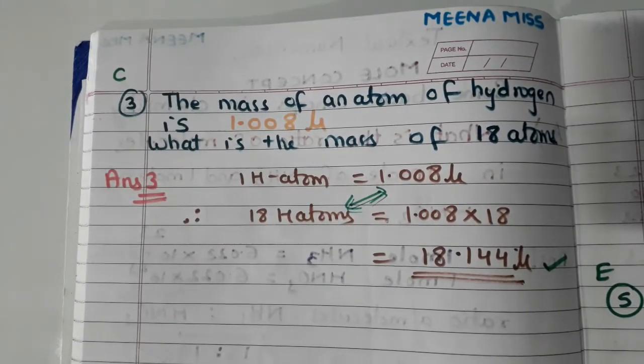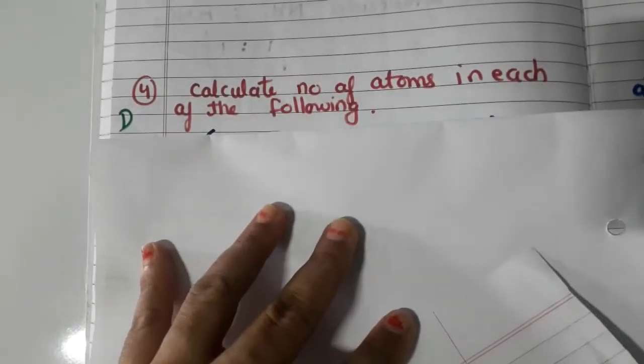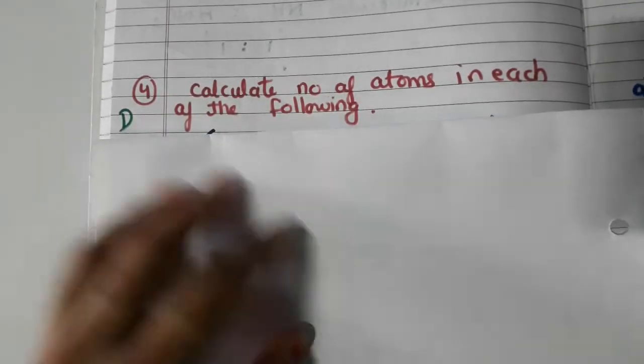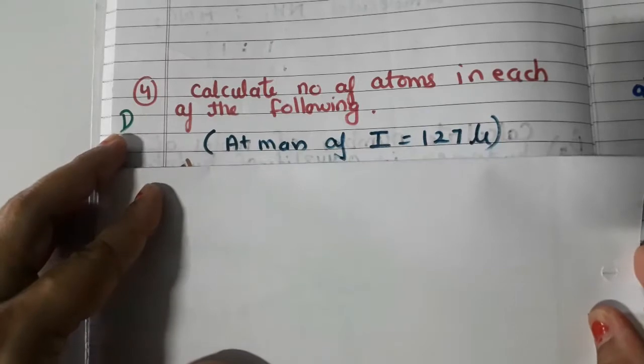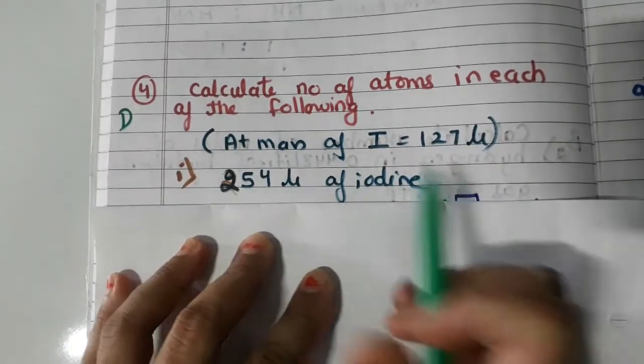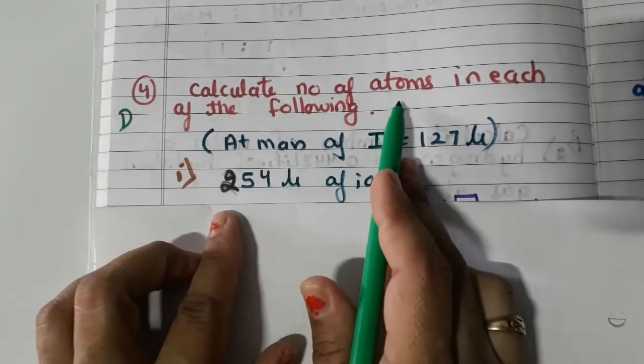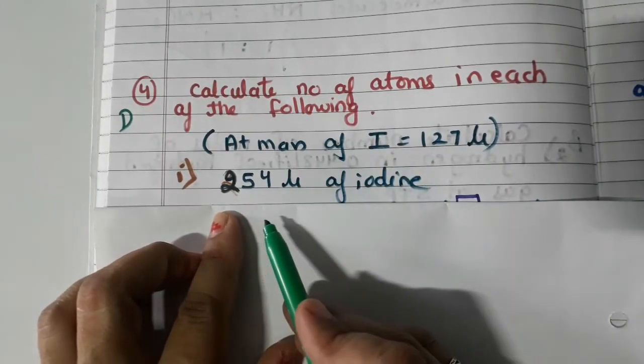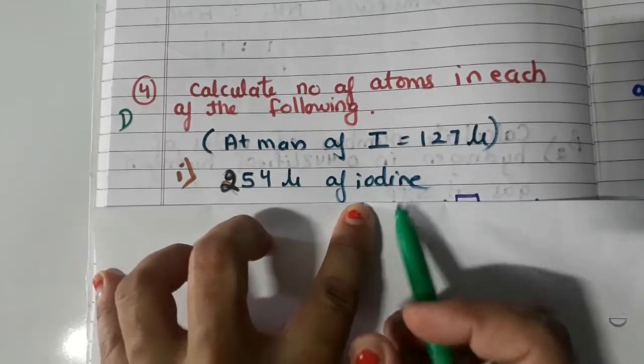Now students, we move towards the next question. Calculate the number of atoms present in each of the following. First we have to find out how many atoms are present in 254 mu of iodine.